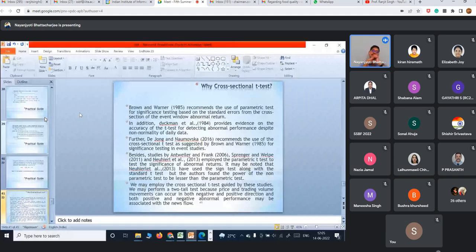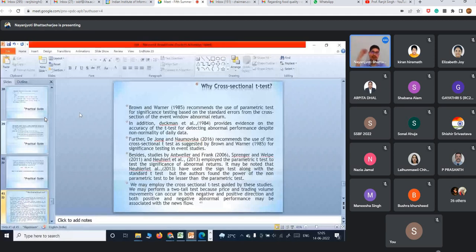We may employ the cross-sectional t-test. The answer is that while doing significance testing in an event study, one can go with the cross-sectional t-test. One has to perform a two-tailed test because price and volume movements can occur in both directions, that means positive as well as negative. That is the whole point. Perhaps one can go with the cross-sectional t-test.